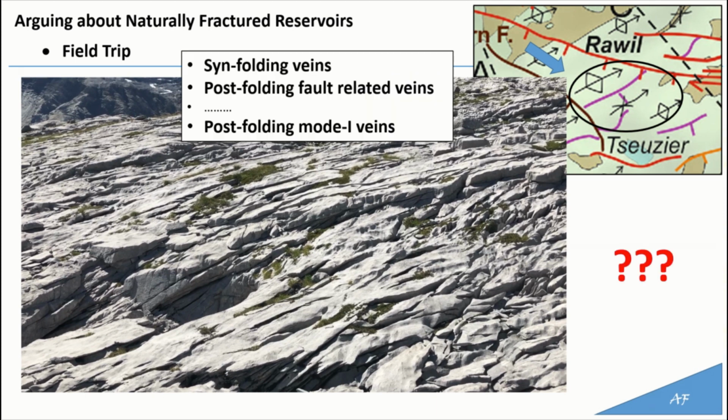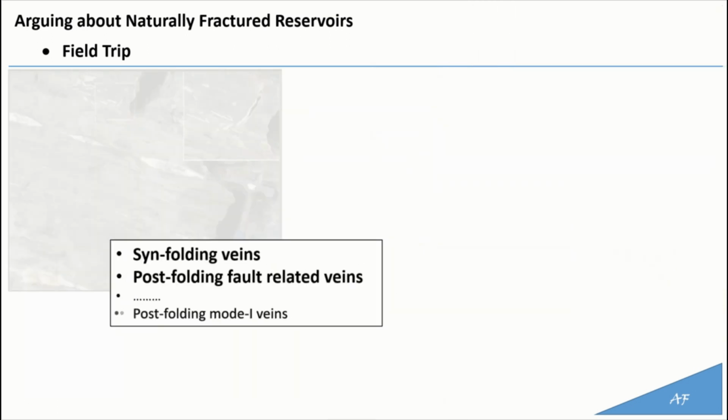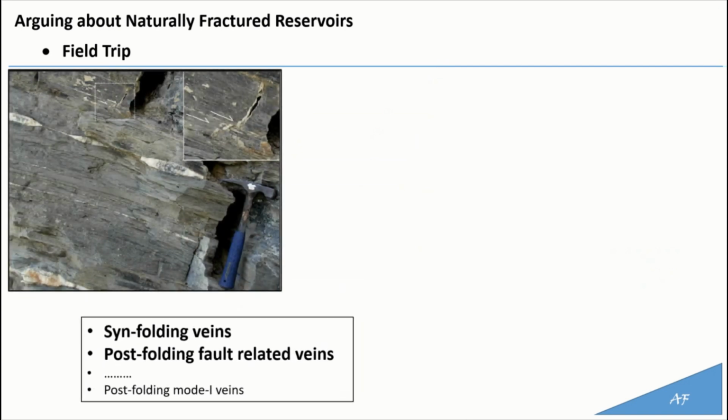Actually, the available studies have recognized the presence of different veins in relation to timing, mode of formation, and degree of deformation. Some sets of veins are estimated to be synfolding, linked to the formation during nappe emplacement, mainly parallel to bedding or foliation, cross-cut by stylolites, compacted, sheared, or boudinaged.